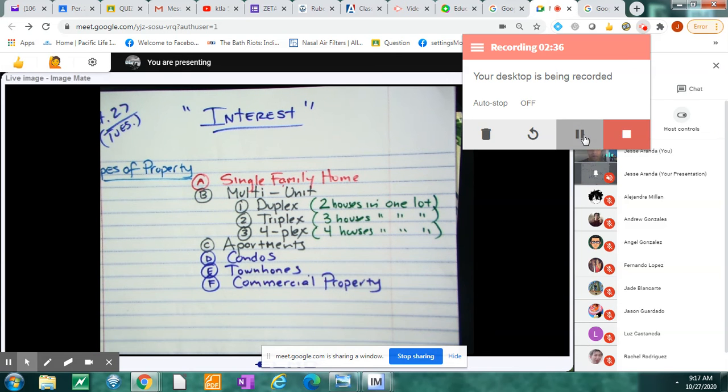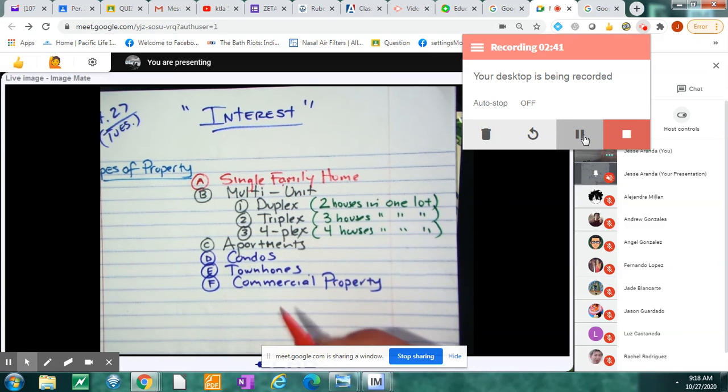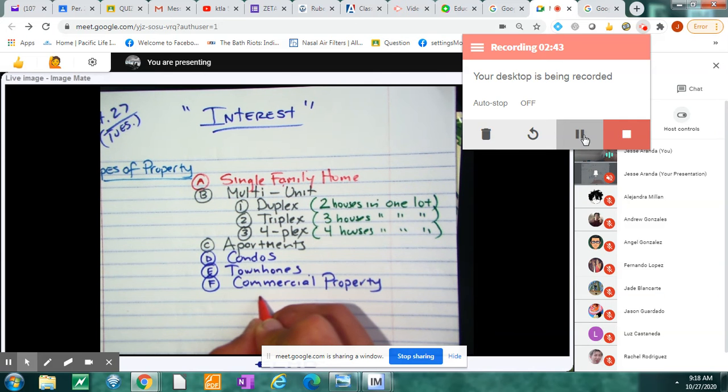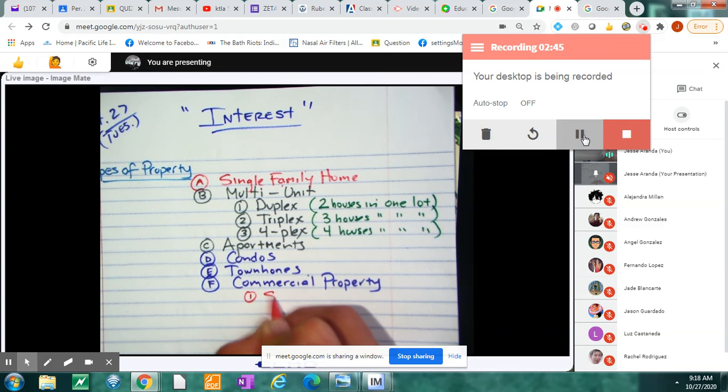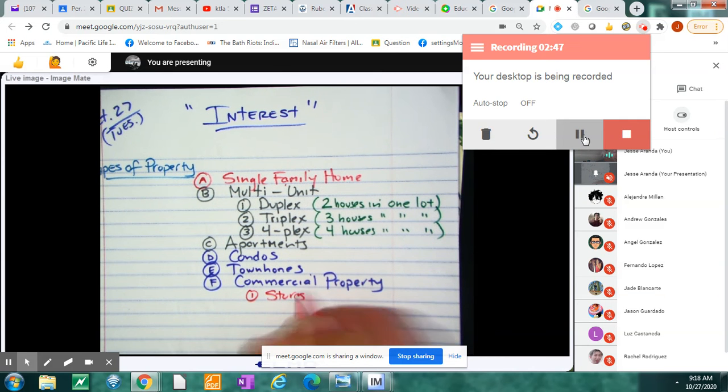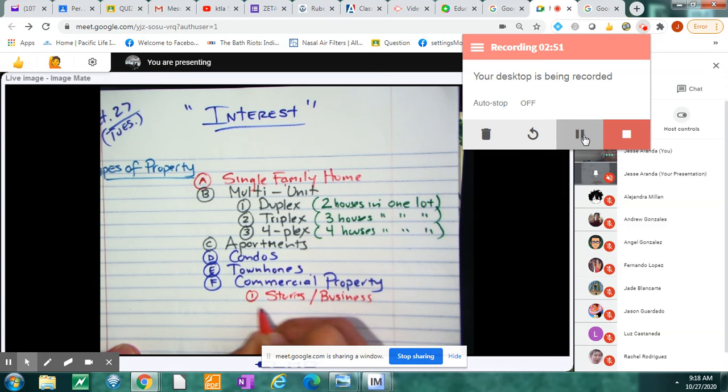Okay, commercial property. Commercial property is what? Remember, commercial is like stores, businesses, and also 5 units.